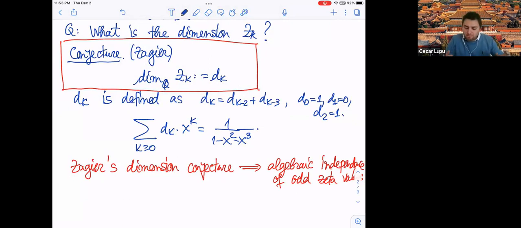There will be this very deep result of Brown, which was a Hoffman conjecture, from which it will imply the upper bound for Zagier's dimension conjecture. But at some point we'll get there. I don't want to go into it right now. All right, so let's see what happens with these Q-linear relations in low weight.